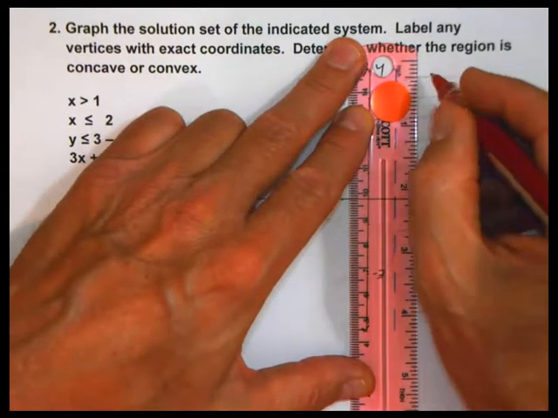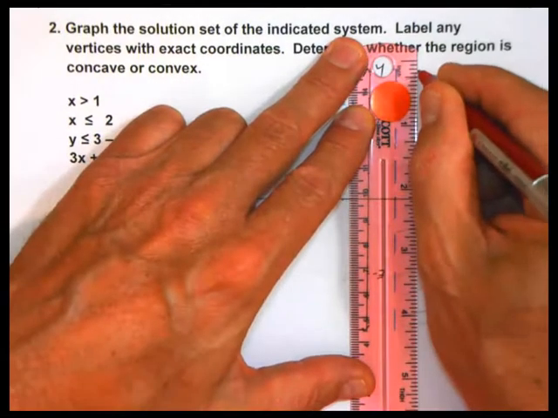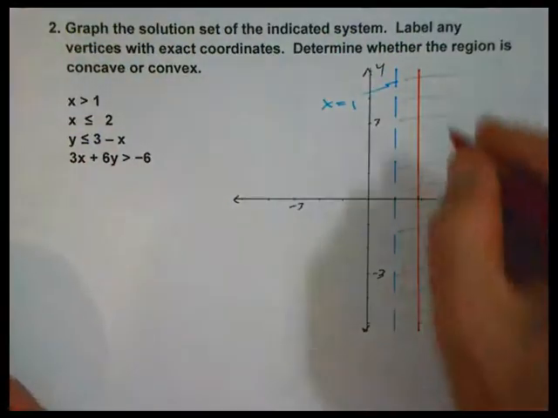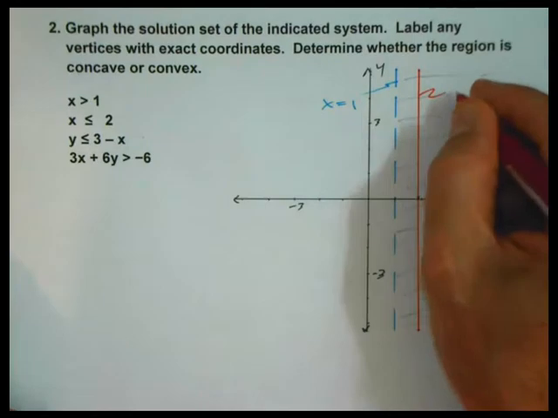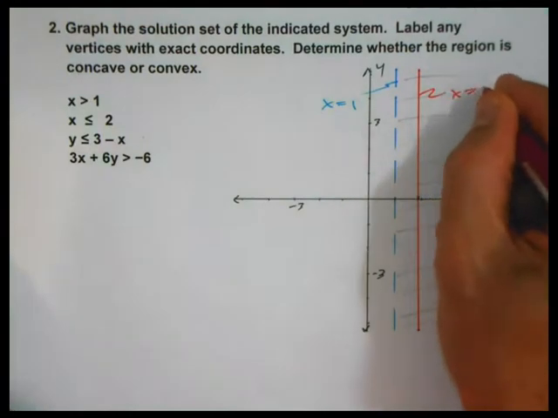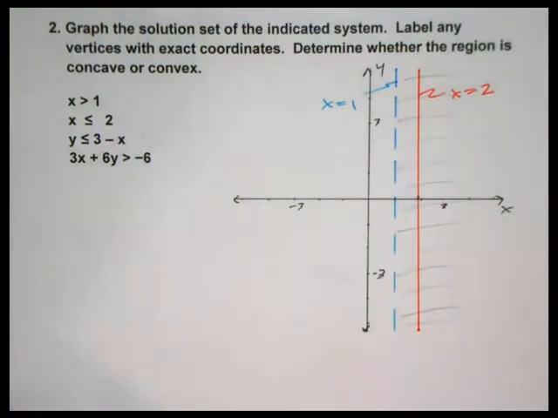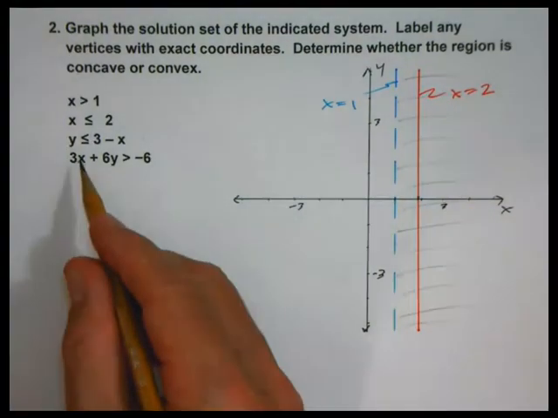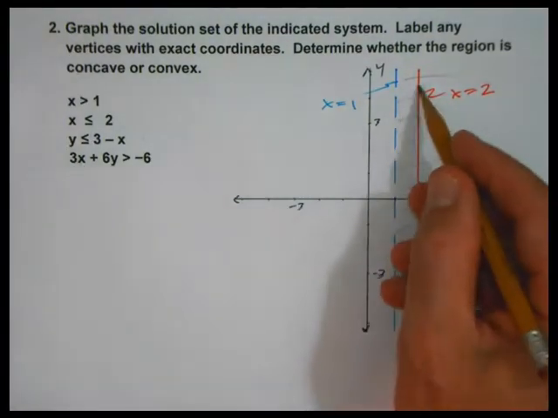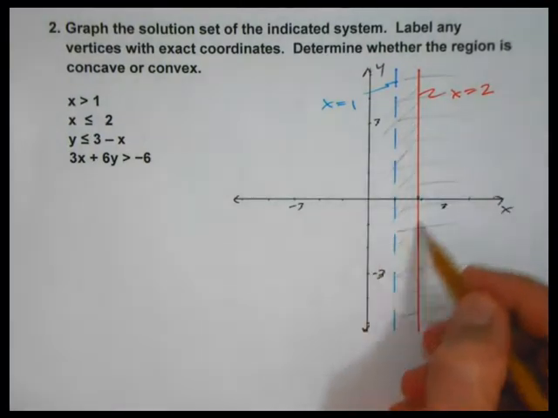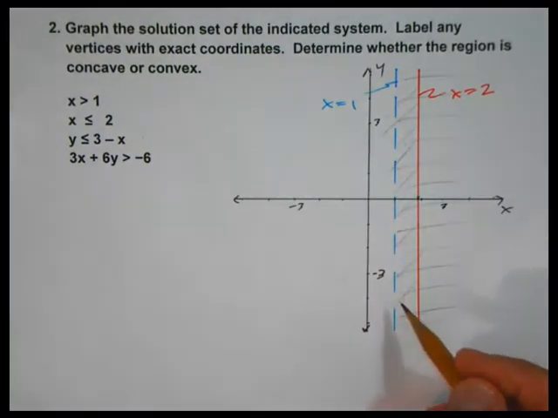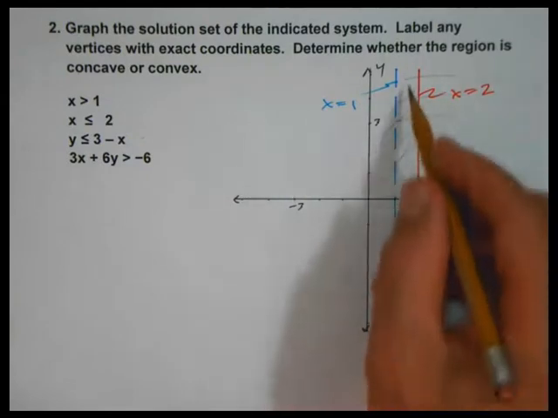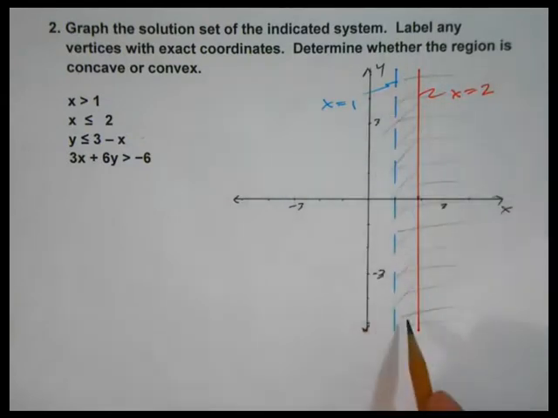It needs to be a solid line in this case, because that's an or equals to situation. Alright, label its boundary line equation. And as far as the shading goes, less than or equal to, okay, we are to the left of this line. Alright, so far we've reduced our possible solution set to this rectangular band here.